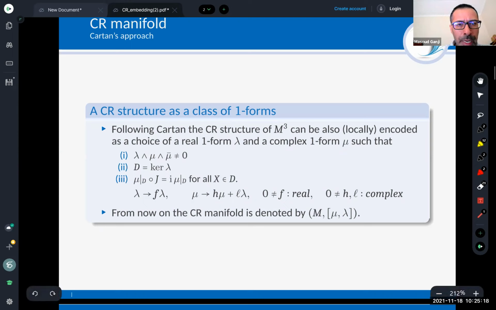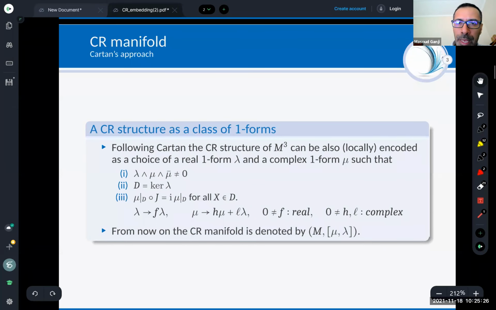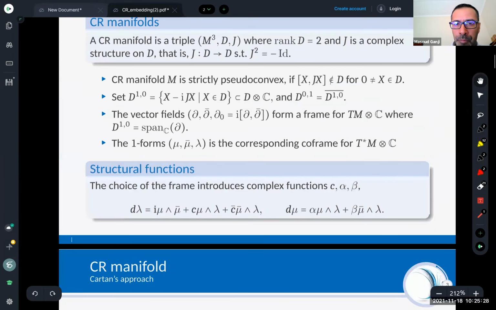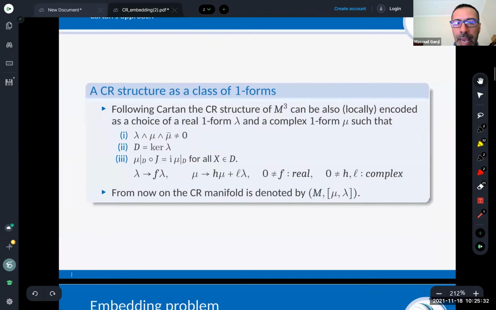So if lambda, mu and mu bar are linearly independent, and D is the kernel of that lambda, lambda is the contact form, this is the real contact form, and D is the kernel of that. And if mu restricted to D composed with J is just mu, of course restricted to D, we refer to these three conditions as a CR structure.